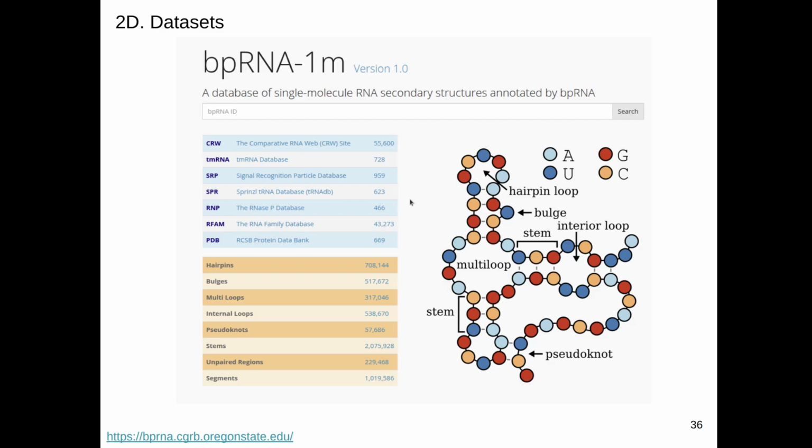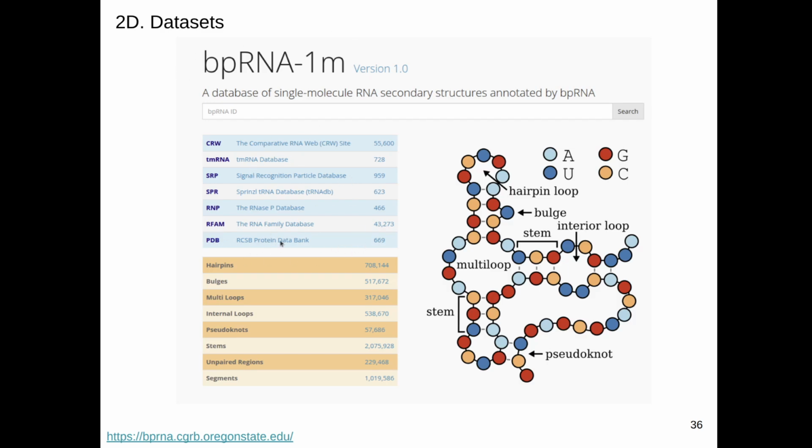So we should be careful with what data we use for secondary structure prediction, because Rfam and CRW include alignment-specific secondary structures, and the only data that you can be 100% confident of is the PDB derived data, which is a minor fraction of this data set.